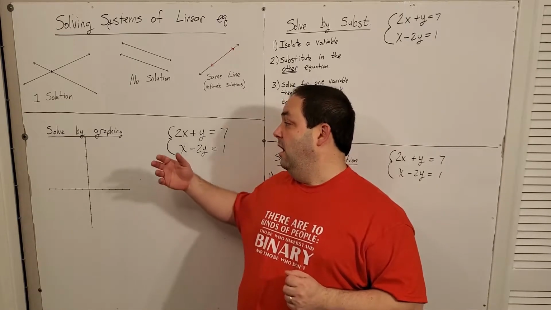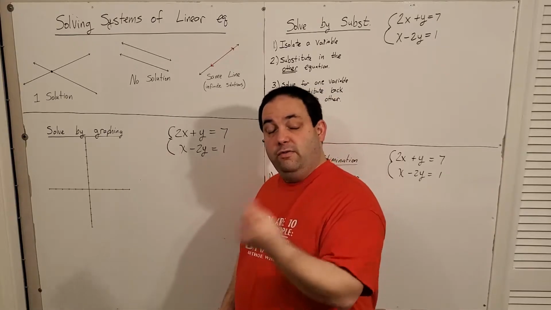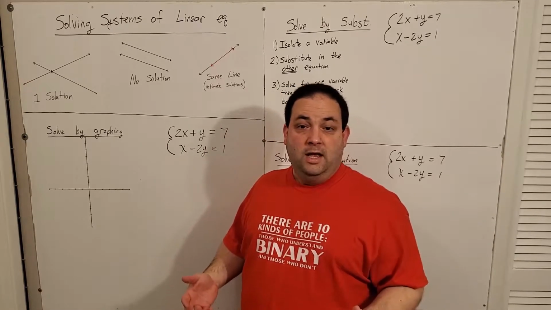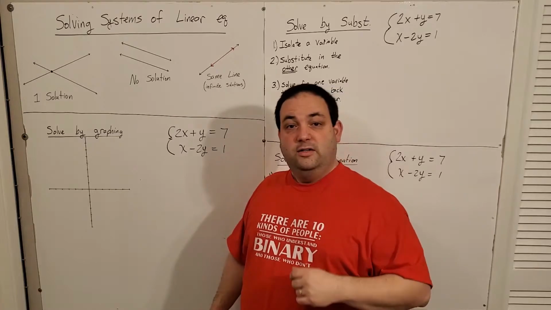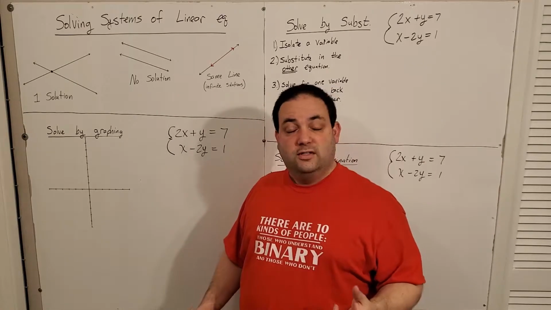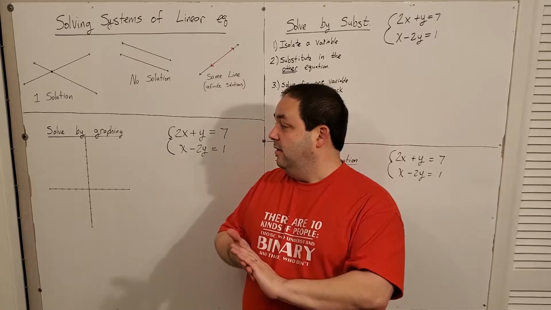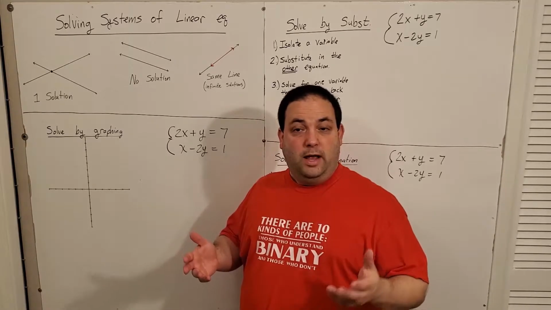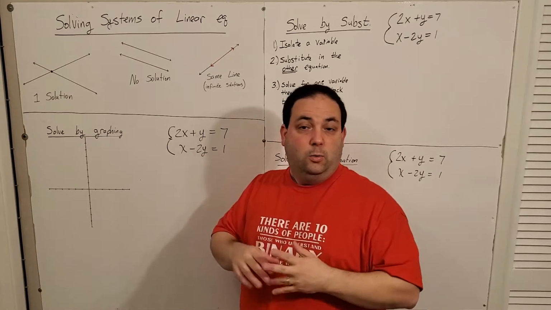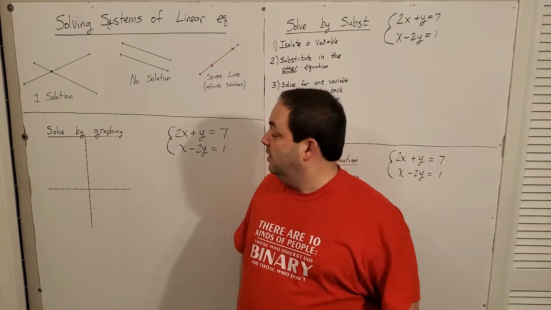However, a quick graph, if you can throw some graphs up there pretty quickly, it can seem sort of efficient because you can get the x and y solutions at the same time. And it's sort of minimal actual algebraic looking work. It's just a lot of drawing, okay?